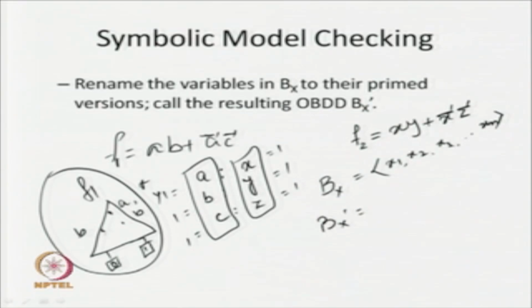We are going to have the same BDDs, but we are renaming these variables x1 prime, x2 prime, x3 prime, up to xn prime. Okay. So, this is the scenario that we are having.